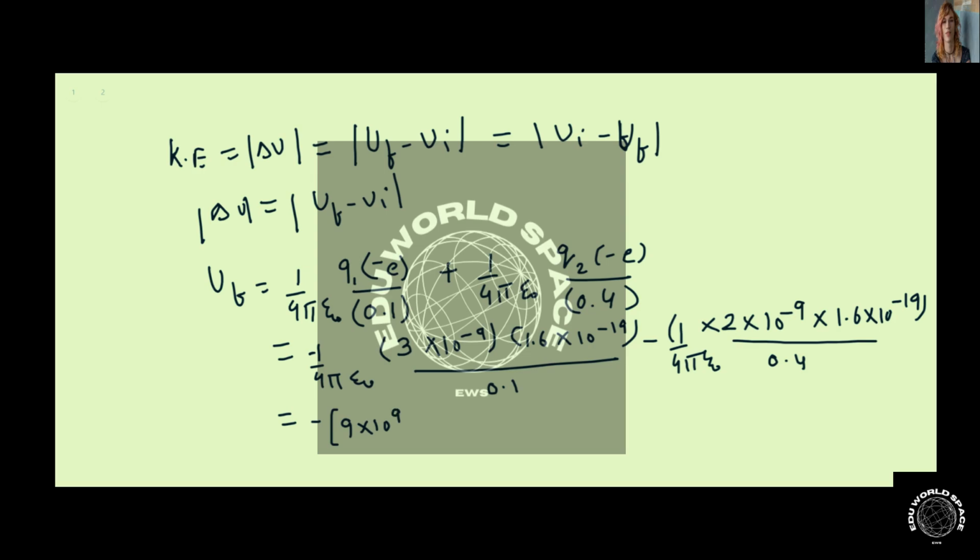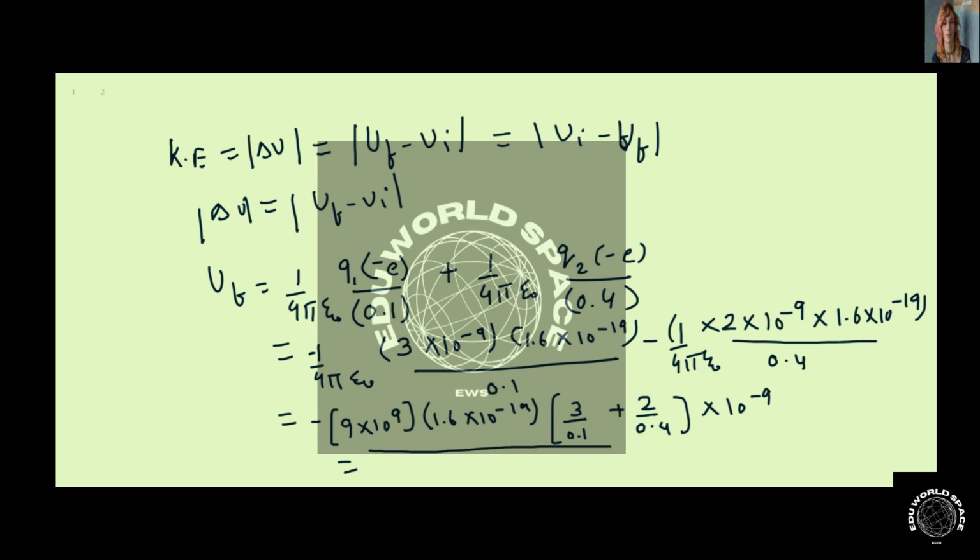We can also take common out 1 by 4 pi epsilon naught, and 1.6 into 10 to the minus 19. So this becomes 3 over 0.1 plus 2 over 0.4, taking the 10 to the minus 9 common out. So using the calculator, we can find out the value.